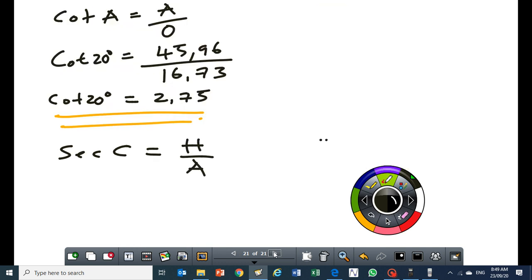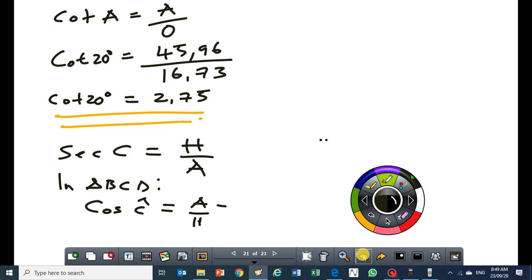So I'm going to carry on. In triangle BCD, cos C is going to be equal to the adjacent over the hypotenuse. In this case, I'm trying to find the adjacent side.